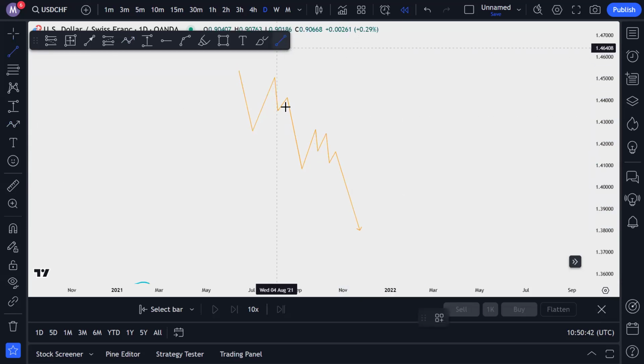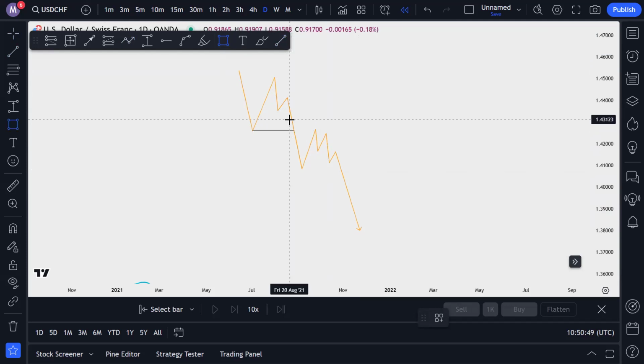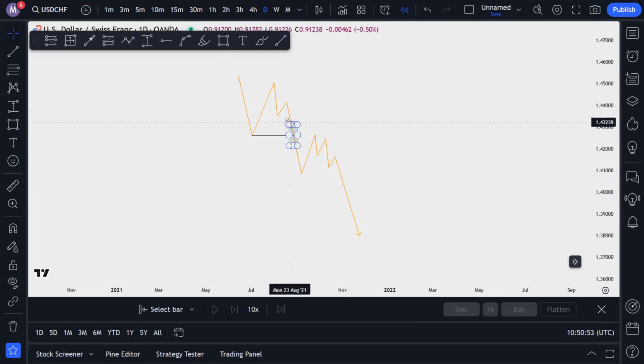I told you, you should only wait for price to perform a structural confirmation with a candle closure. Whenever price closes like this, it means that it has performed a structural formation.